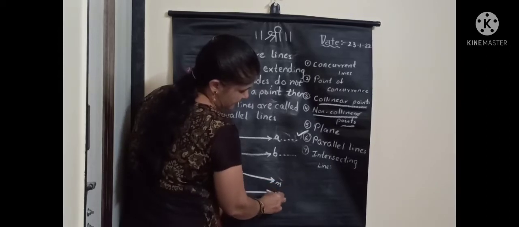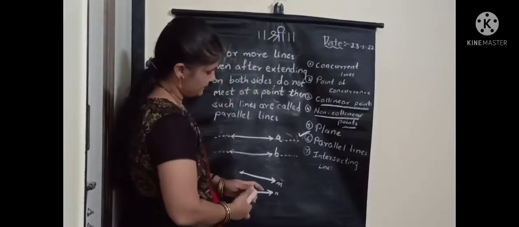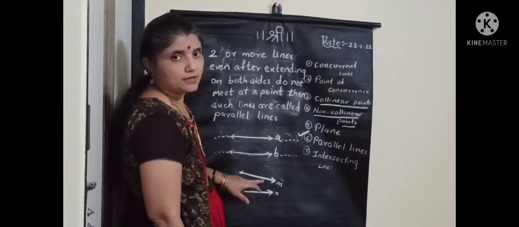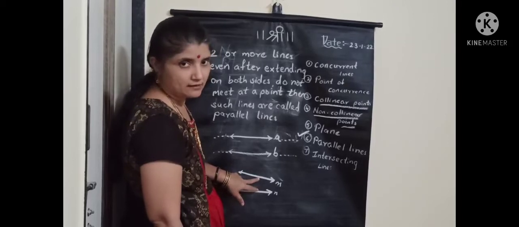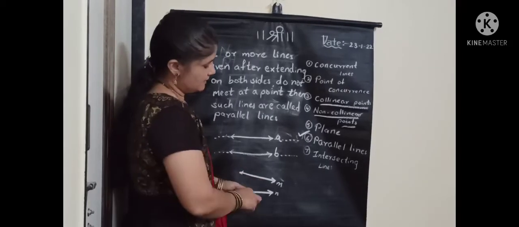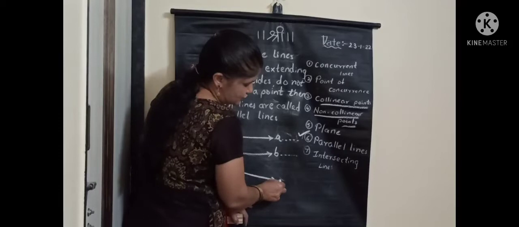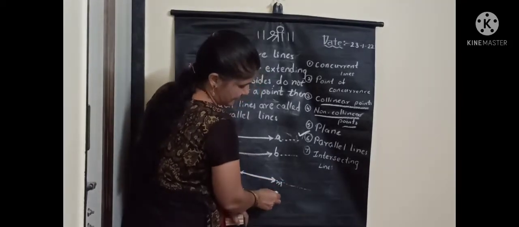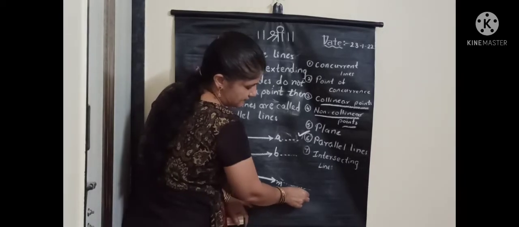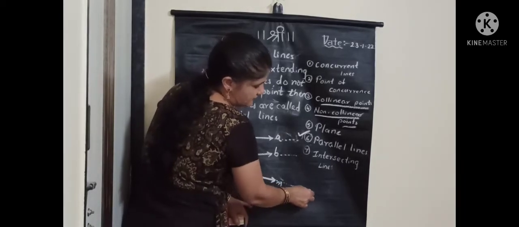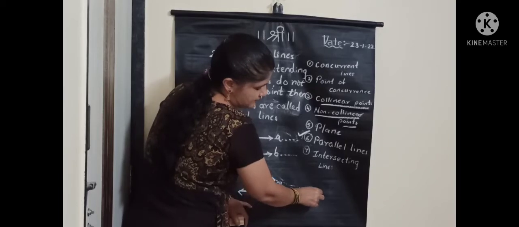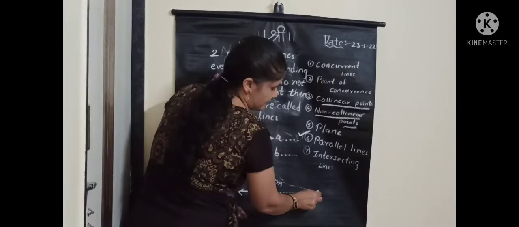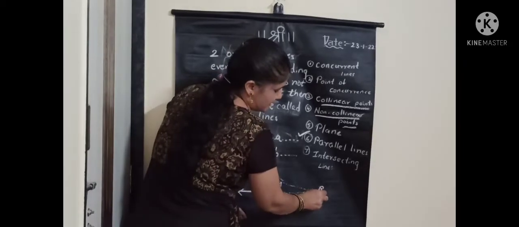Line M and line N. You feel that these two lines are parallel, but they are not parallel. Why are they not parallel? After extending line M and line N, see here, they are going to meet somewhere over here. They are going to cross each other at point R.